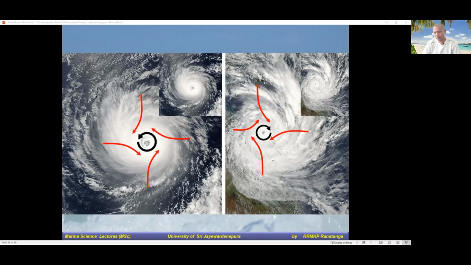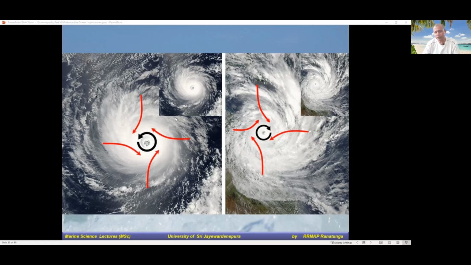So next time you go to Google and see the direction of movement in these cyclones, note that because of the very low pressure in the center, which we call the eye, air from every direction comes to fill that gap, and ultimately starts spinning because the air is coming from every direction and pushing each other.